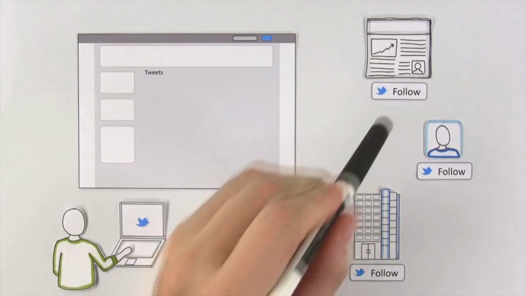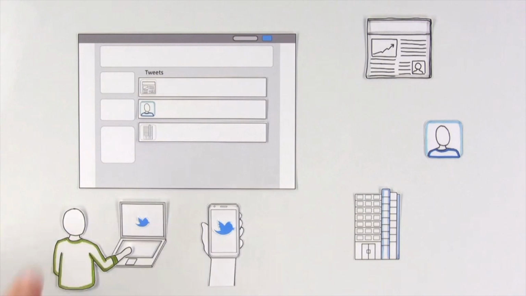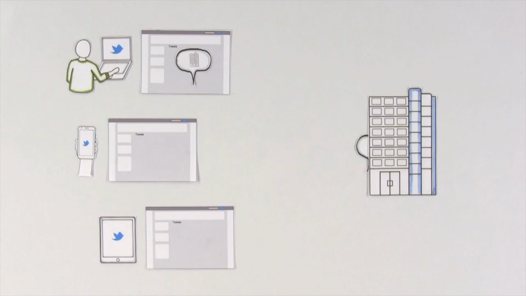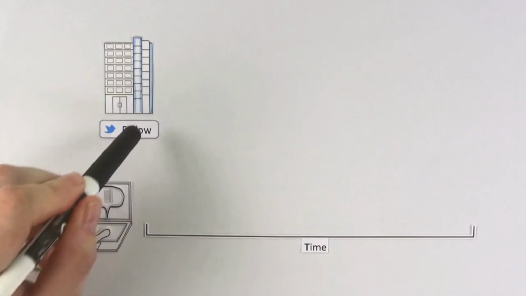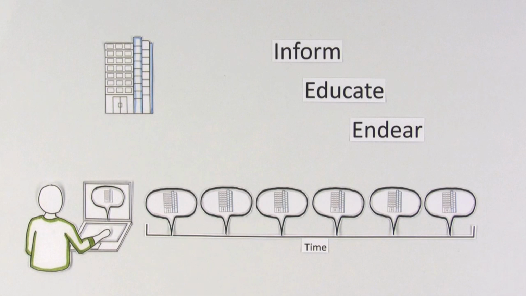When they sign up and follow a Twitter account, those updates or tweets become part of their Twitter stream, which they can track each day. It's these tweets that can create an opportunity for businesses to build connections with followers. It can turn a simple click into a long-term relationship that can inform, educate, and endear.